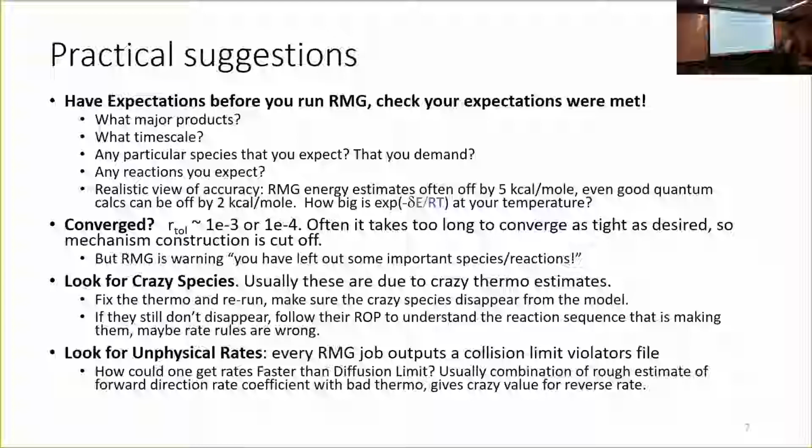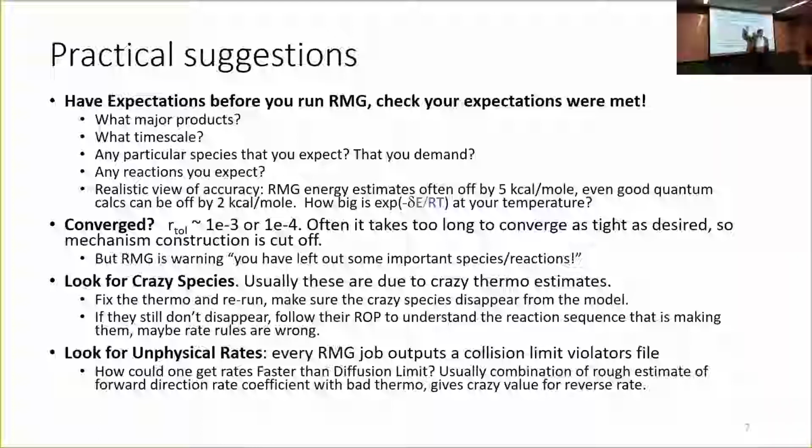All right, so the key idea is you need to have expectations before you run RMG. And this is true for actually all modeling. Before you do anything on a computer, you always want to have, as a human brain, an idea: I think it's going to be roughly like this. It's going to be this big, my main product is going to be something or other. You have to have some idea. You typically have some idea what the time scale is.